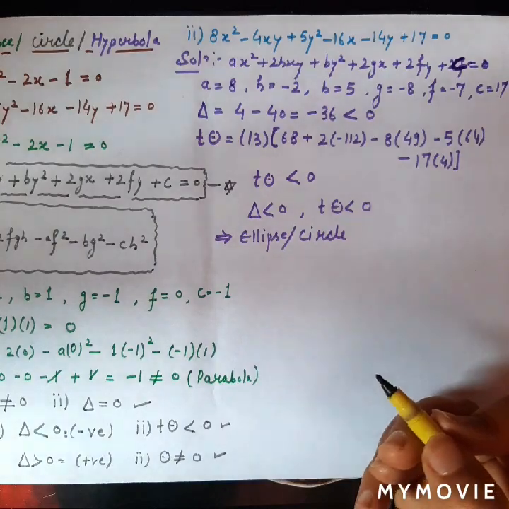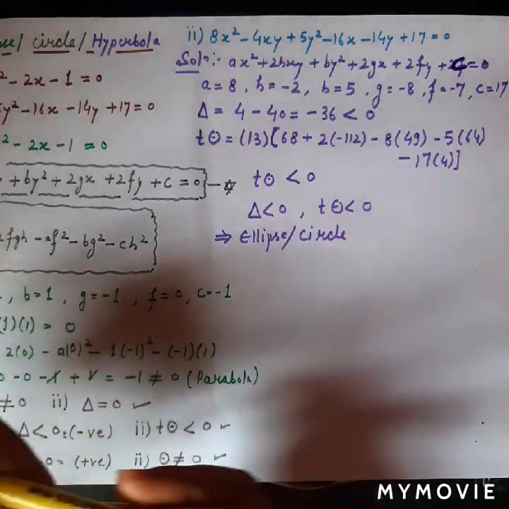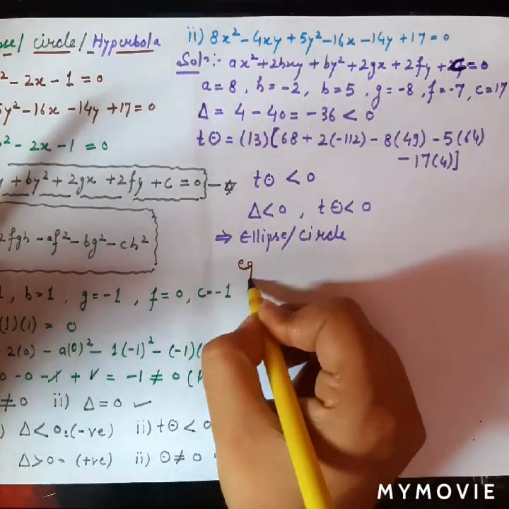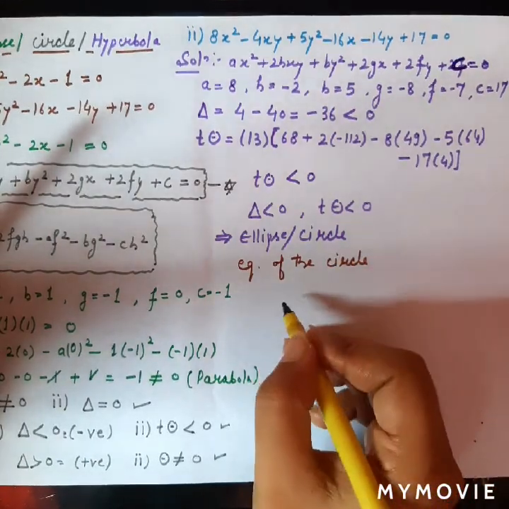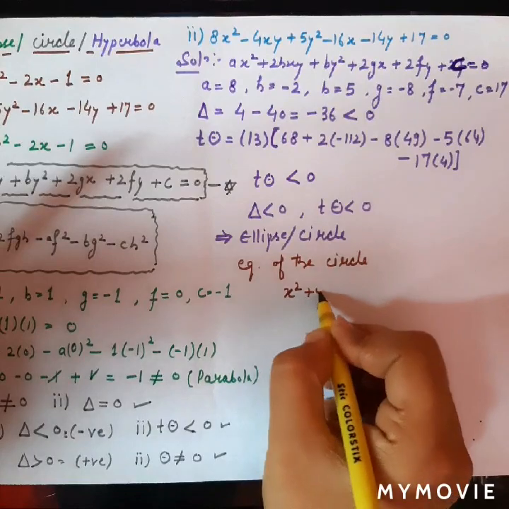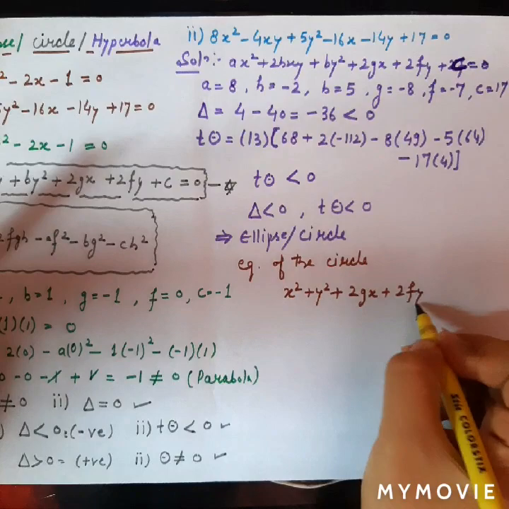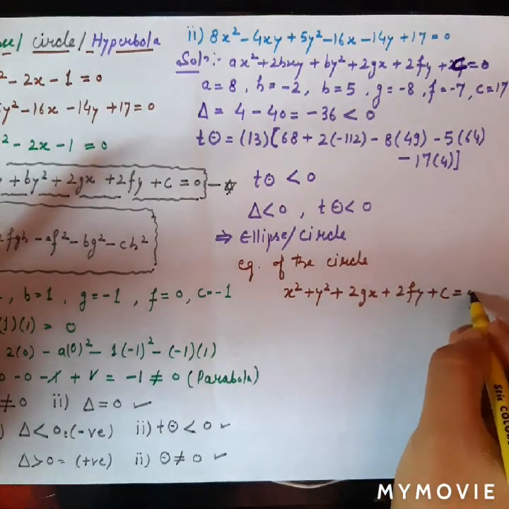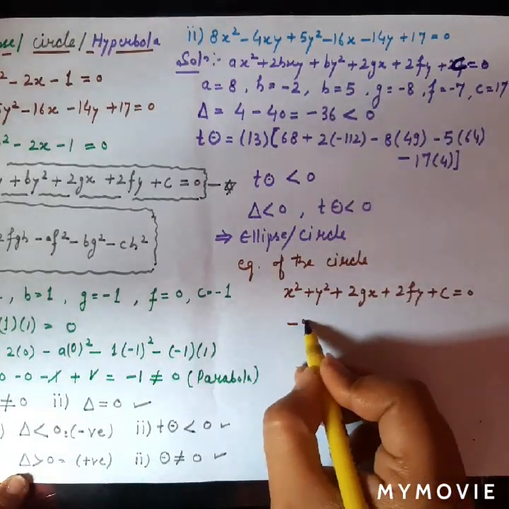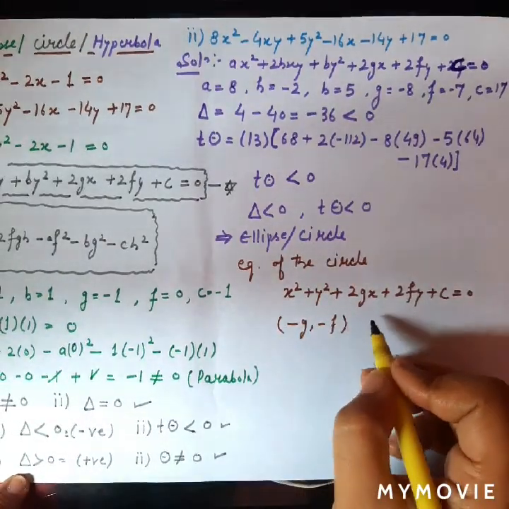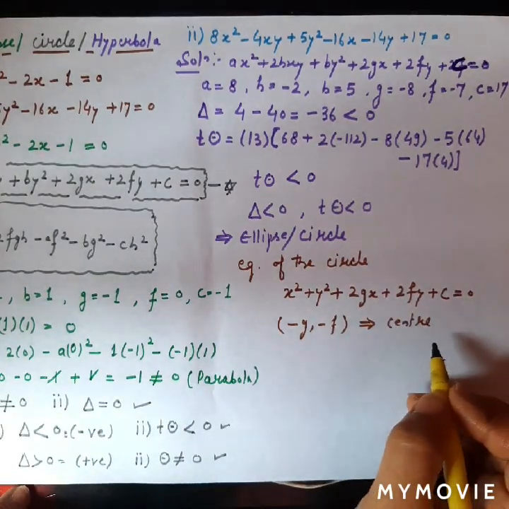If you have seen the general equation of the circle, it is x square plus y square plus 2gx plus 2fy plus c equals to 0, fine, where minus g and minus f are the center of the circle.